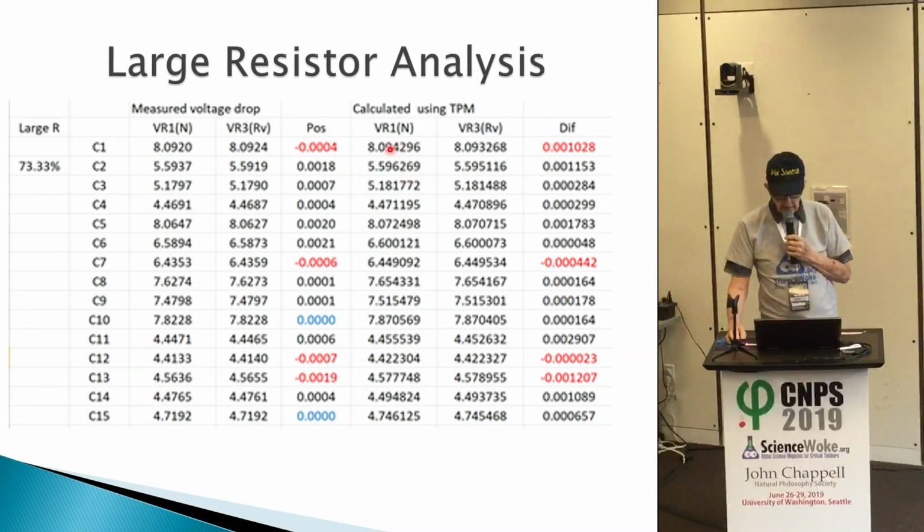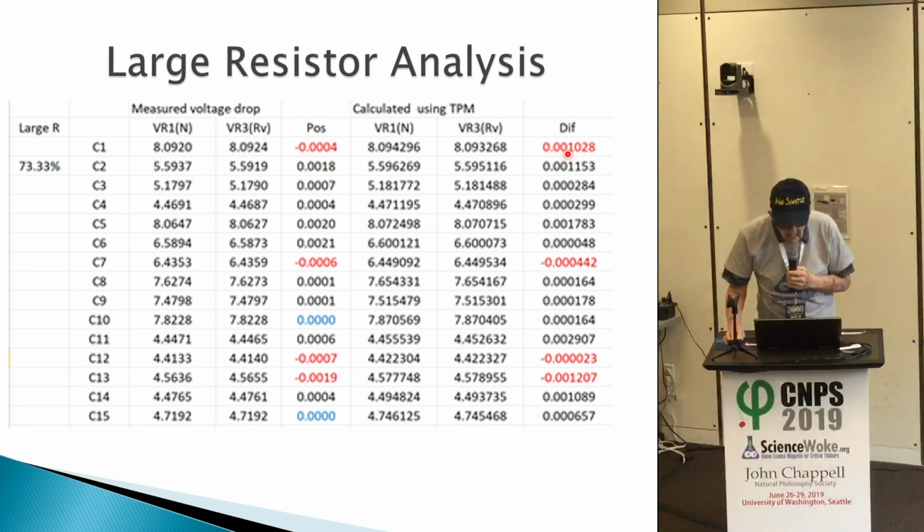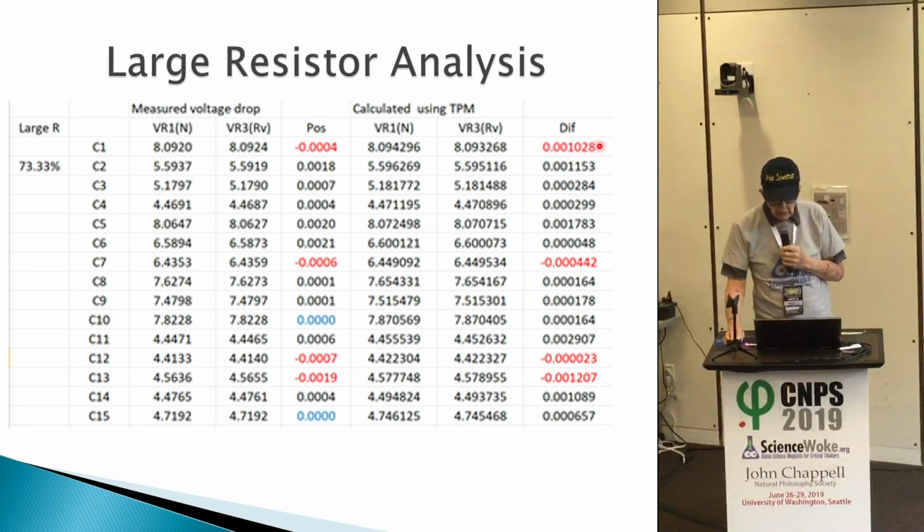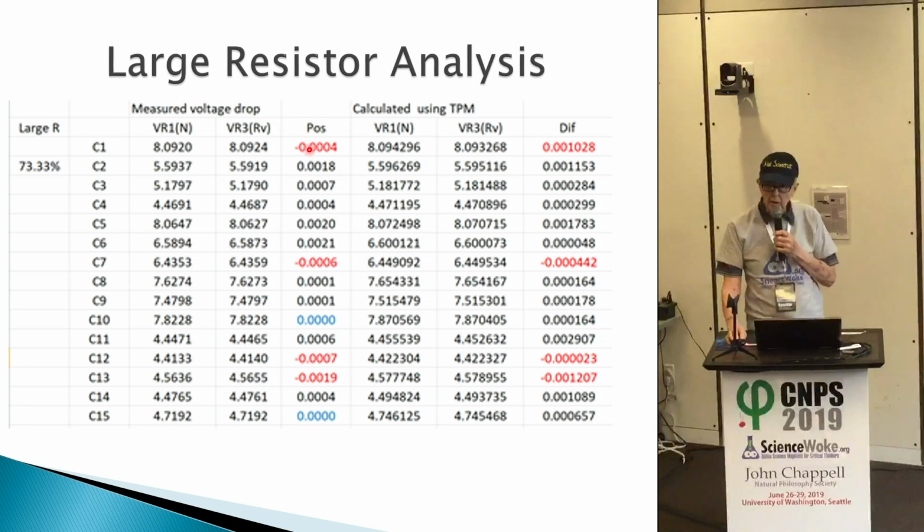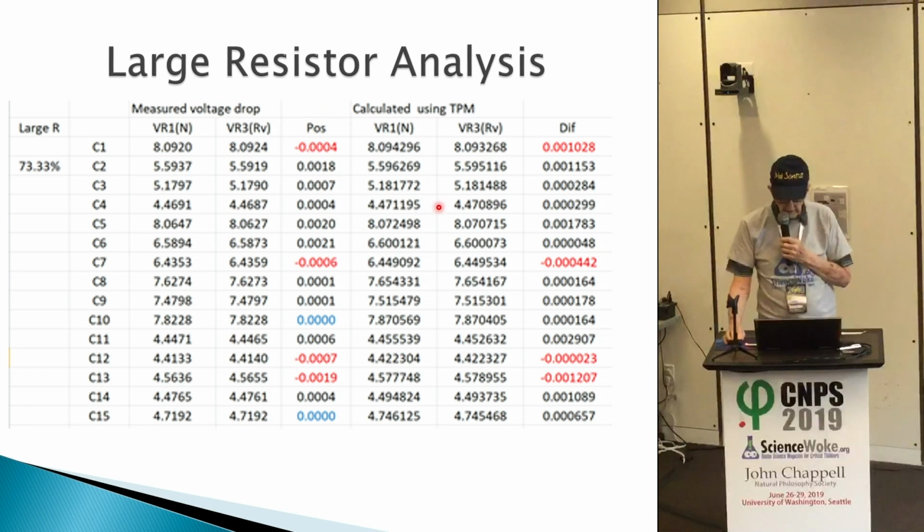So this is the value of voltage for that circuit, by the TPM equations. And ironically, this one did come out positive. Here it's positive, here it's negative. That's clearly an error, okay? All the ones that are black are positive. I expect it to be positive.